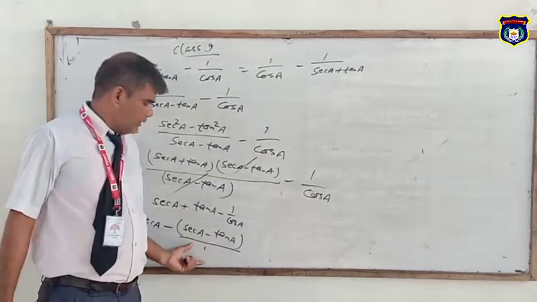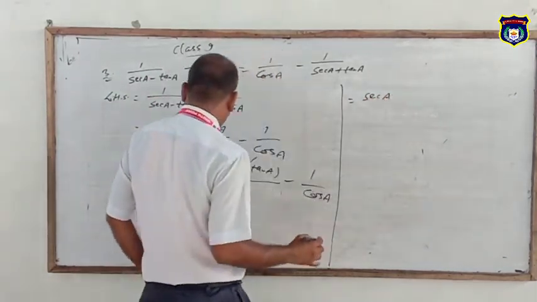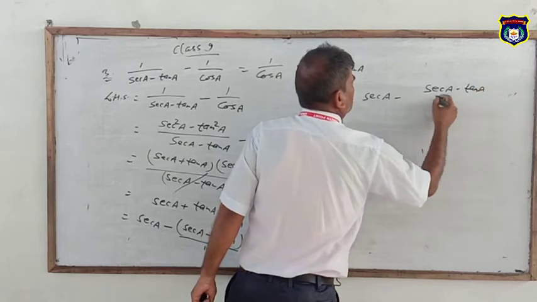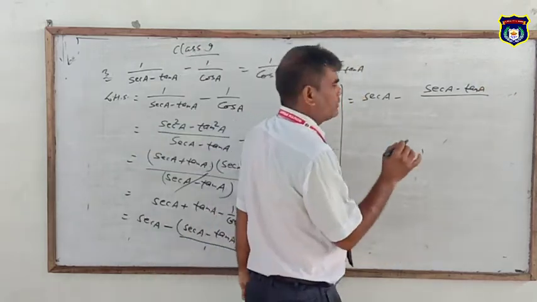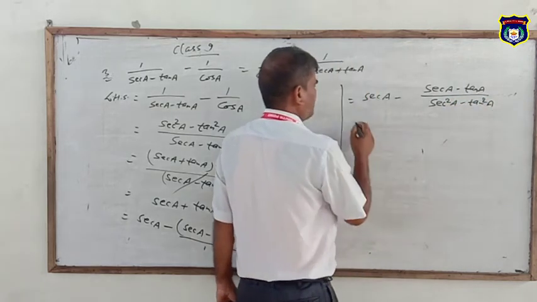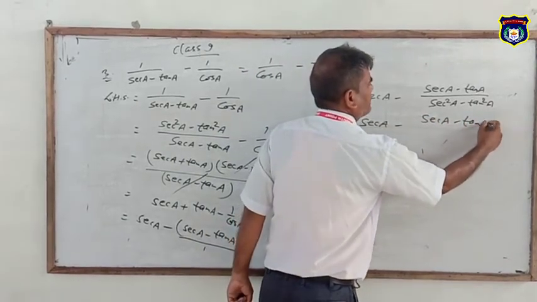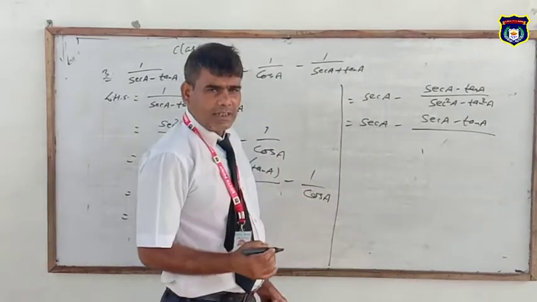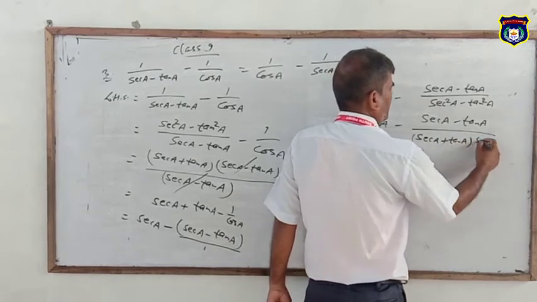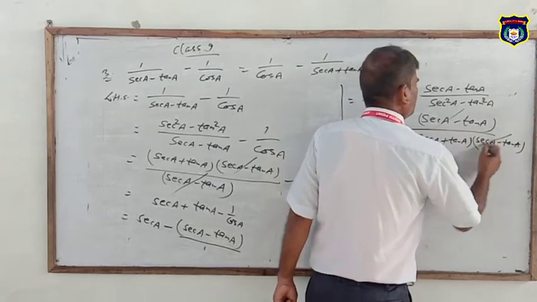We can write the denominator as 1, again using the formula sec square A minus tan square A. So this is (sec A minus tan A) by (sec A plus tan A), and sec A minus tan A cancel.